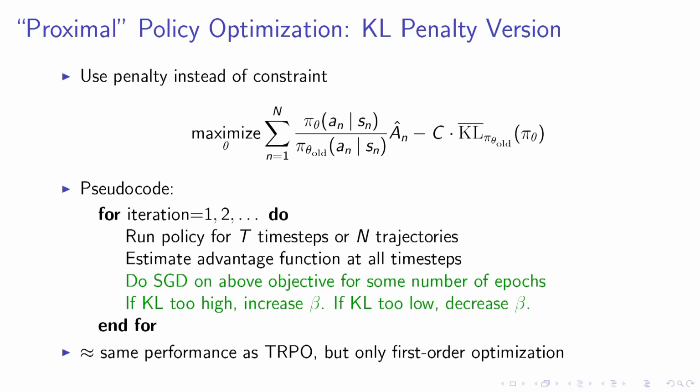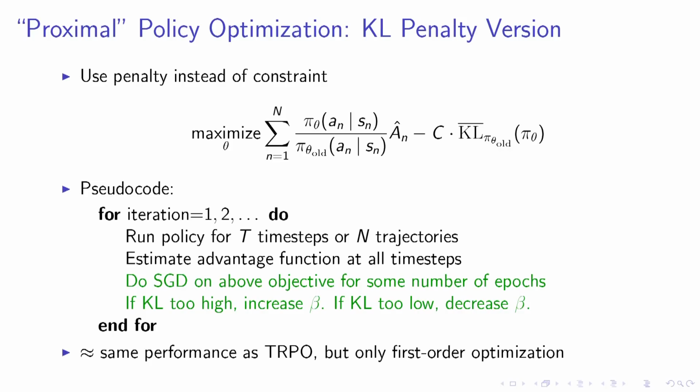The idea is we work directly with our penalized objective, and our pseudocode is: we first collect data from our policy, we estimate the advantage function, and then we just do SGD or L-BFGS, just any old unconstrained optimization algorithm on this objective with the KL penalty.